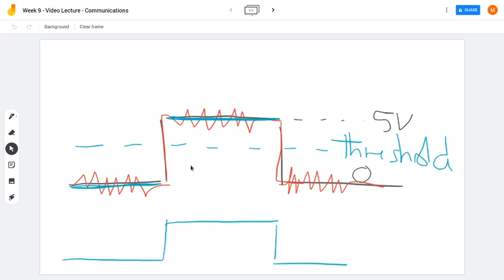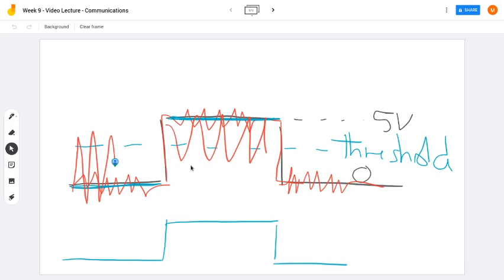Of course, this would be true unless we have large value of the noise, which will result in the voltage level 5 volts getting below the threshold, or the voltage level 0 becoming larger than the threshold. In this case, we get an error, and again we can use error control coding to overcome this phenomenon.